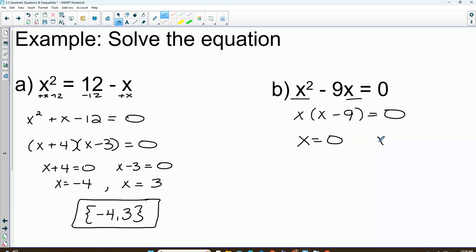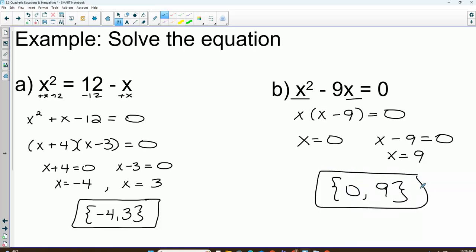So if we set each one to 0, we get x to be 0 and 9. Any questions so far?